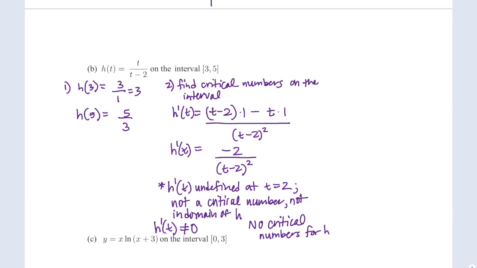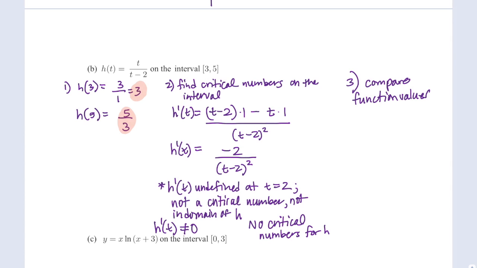But even though there aren't critical numbers, we know there still needs to be an absolute max and an absolute min on this closed interval from 3 to 5. So we would compare the function values. And the only ones we have to compare are 3 and 5/3 because there was no critical number.